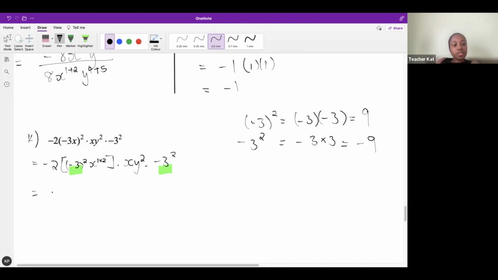So then it'll be -2, open brackets. We said -3 squared is +9 x squared, times the whole shebang, times, and this one we said is -9. Okay, now we are multiplying. Let's start with symbol. Okay, I'm going to tick off where I pass.